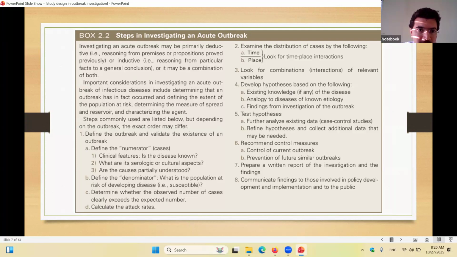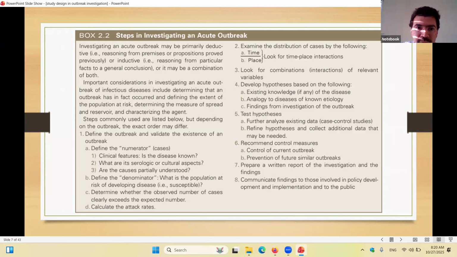Investigating an outbreak may be deductive or inductive. Deductive means reasoning from previous knowledge, and inductive is an exploratory approach in philosophy. And we can have both of these approaches for outbreak investigation.